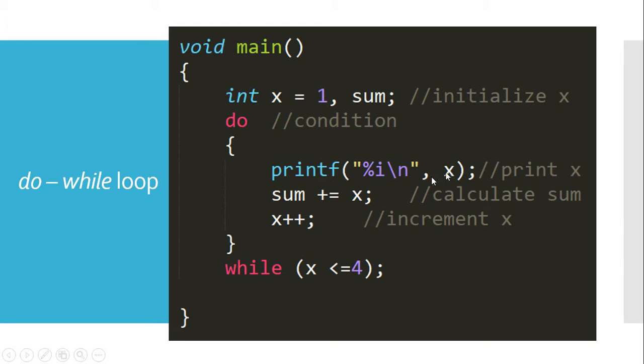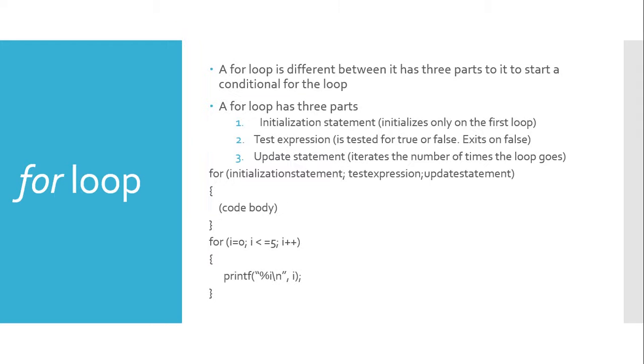So we'll start with 1, and sum didn't start with anything, so then sum is going to be 1, and then x is going to become 2. So then 2, and then we're going to add 2 to 1, so then it's going to be 3, and this is going to be 3. So it's going to be like that until x is equal to 4. I'm going to demo all these after I'm done with the presentation, so we can go through every single one of these.